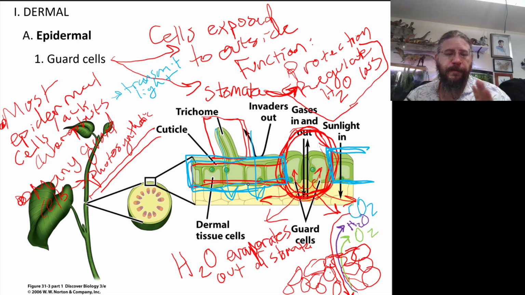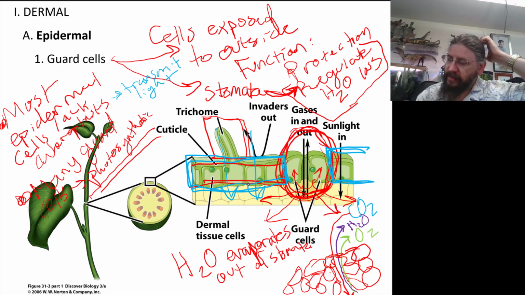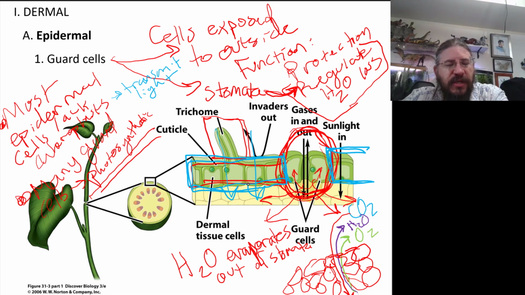Epidermal tissue can have specialized adaptations for protection, often in the form of those trichomes. We'll talk about it. And then it also functions as a barrier to the outside, and lacks photosynthetic pigments so that light can get through to the tissue beneath. So, the epidermal tissue is the outermost tissue.